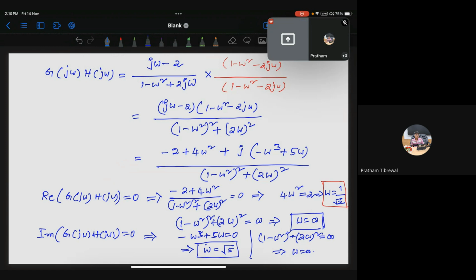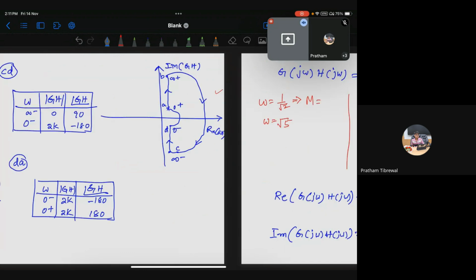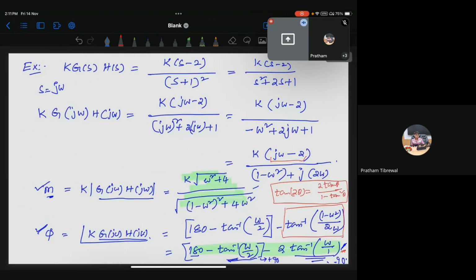So we have three possible values. Let me write it here. ω equal to 1 by root 2, ω equal to root 5. When ω is equal to 1 by root 2, if you see the magnitude, just substitute ω equal to 1 by root 2 in this magnitude expression.